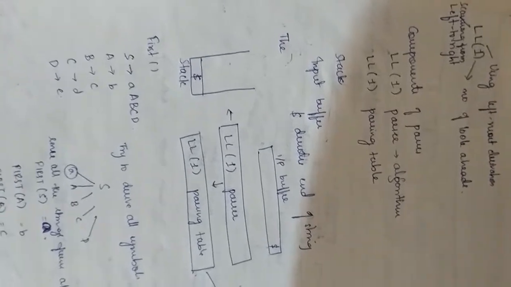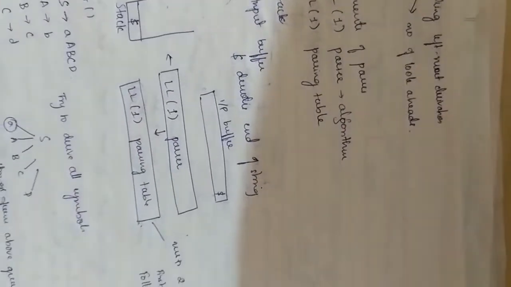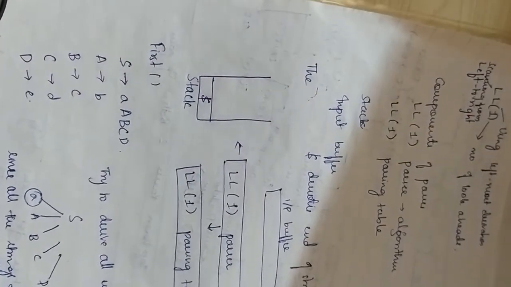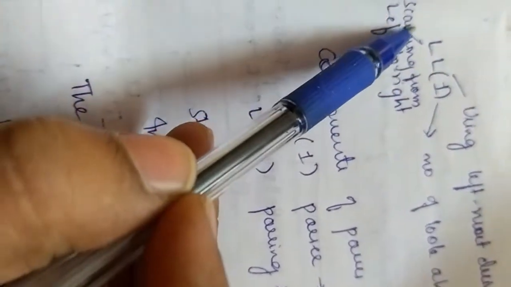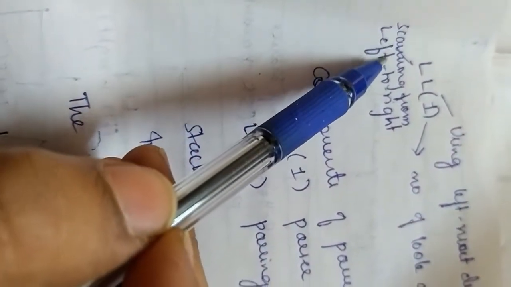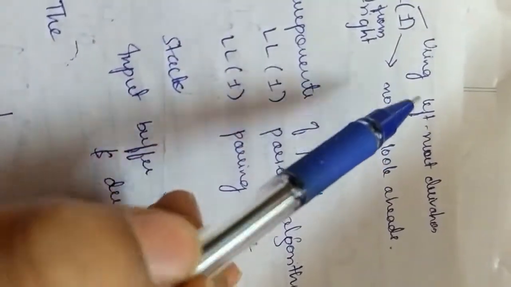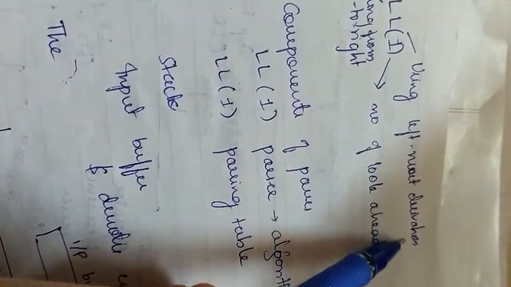Okay, let's continue our discussion with the predictive parsers. So now we have LL1 parser. How does LL1 work? As you can see, there are two Ls in this name. The first L indicates that we will scan the input from left to right, and the derivation is leftmost derivation.